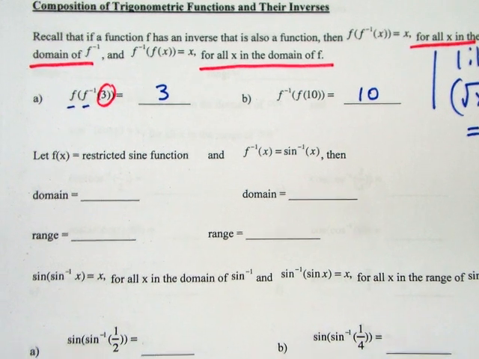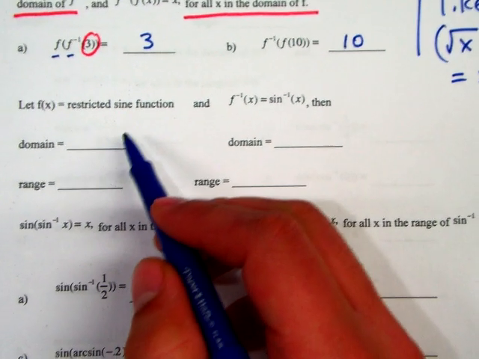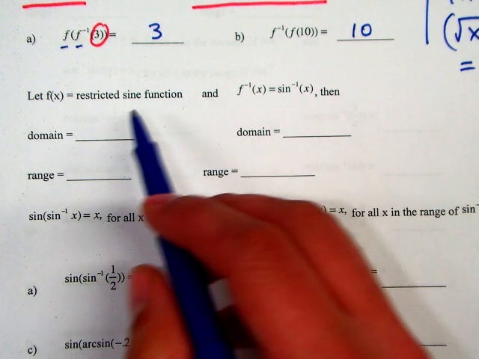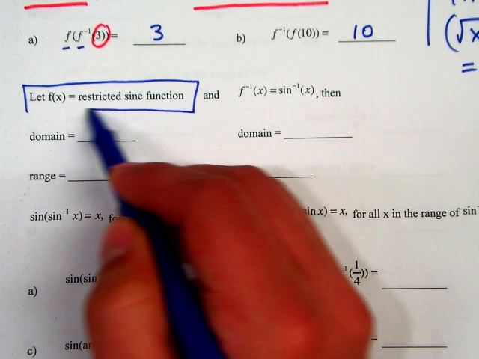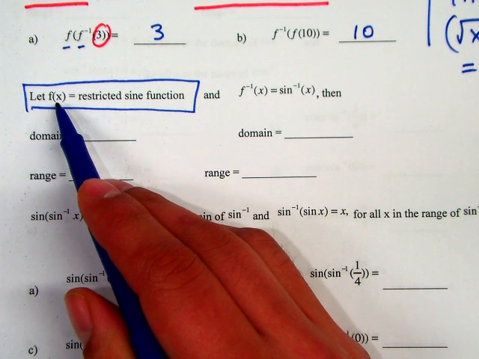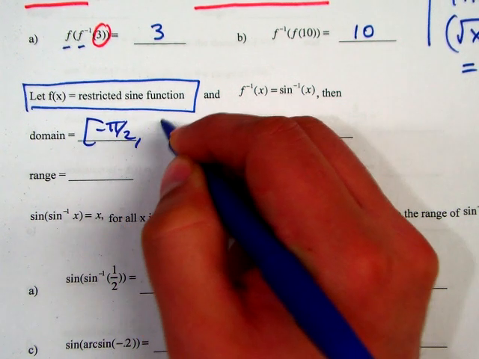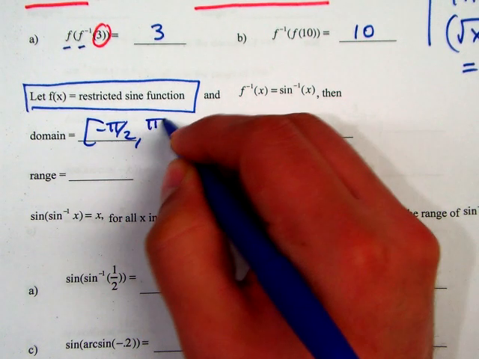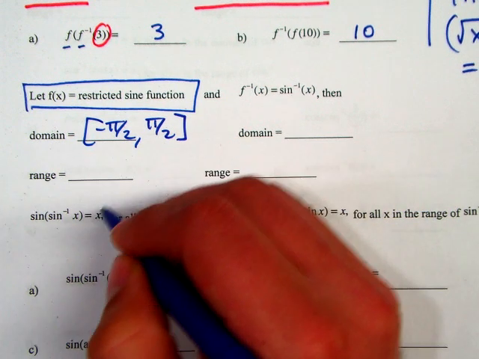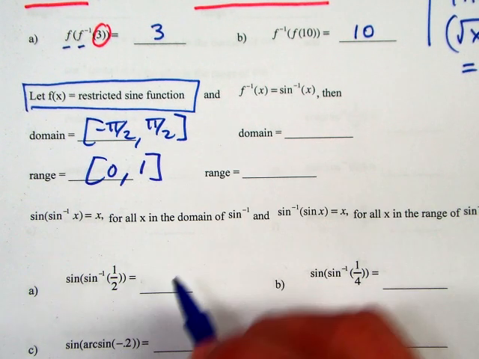Okay, so just to review, in case you don't remember, let's say restricted sine is our f of x. We know that the domain there from last time we did notes is from negative pi over 2 to pi over 2. The range was from 0 to 1.